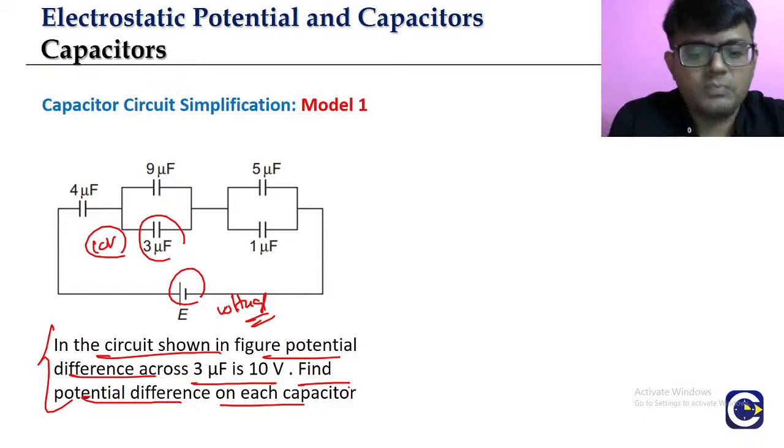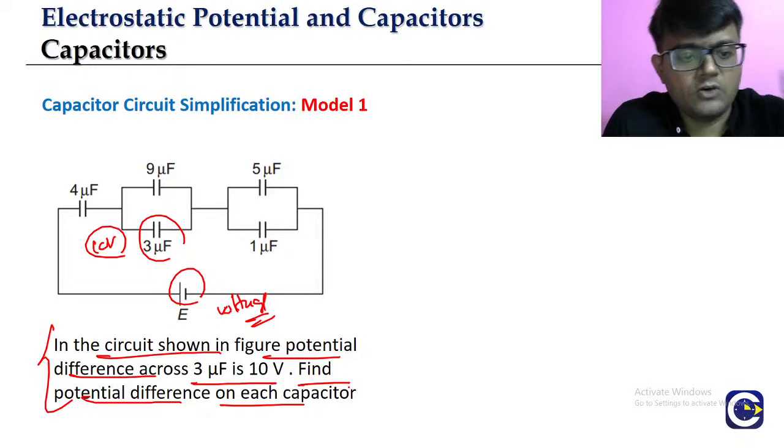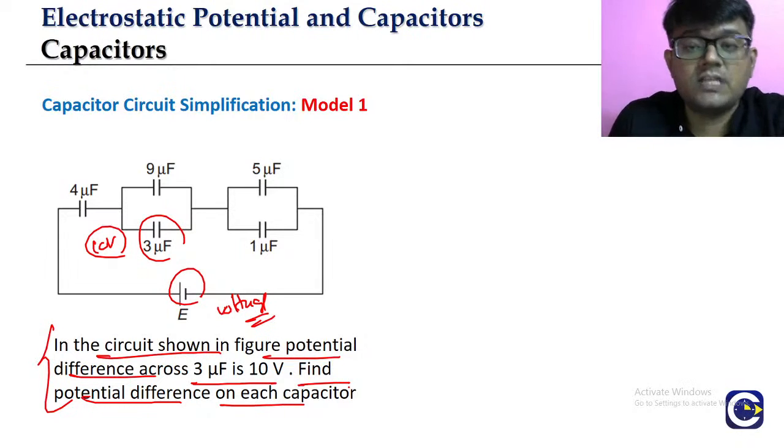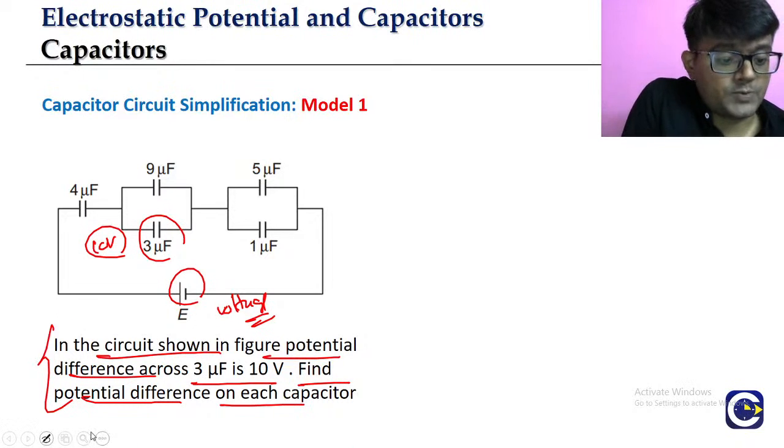So this is a general problem, so we are asking to find on each capacitor. But at the next level, they will ask a particular case, like what is the potential difference on the 4 microfarad or on the 5 microfarad. But since we are practicing, we want to find the potential difference on each of them. Look at how we approach this.